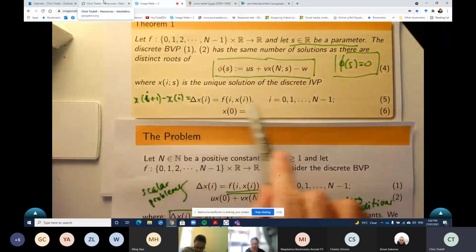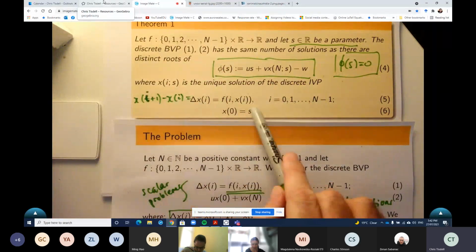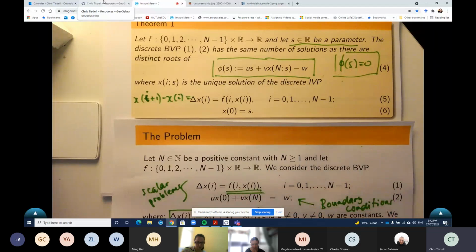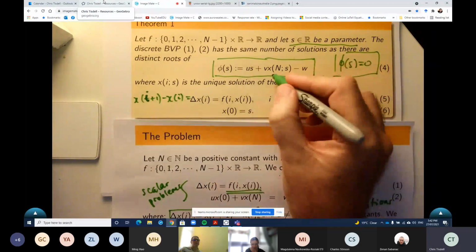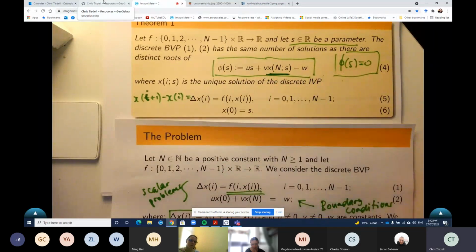So all you do is you move this over here and you start with x naught equals s, and you can go through and get the solution. And then basically the challenge is to look at this problem and try to find the solutions. So if this has three solutions, then the original problem has three solutions.